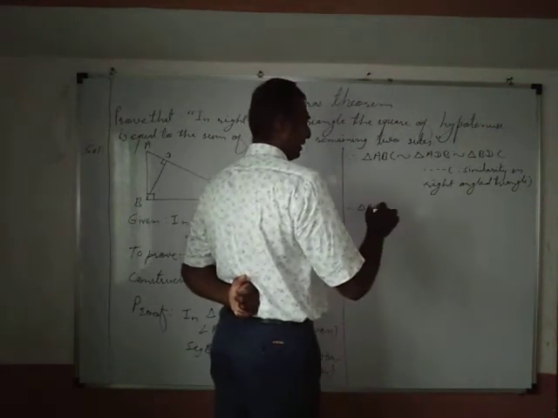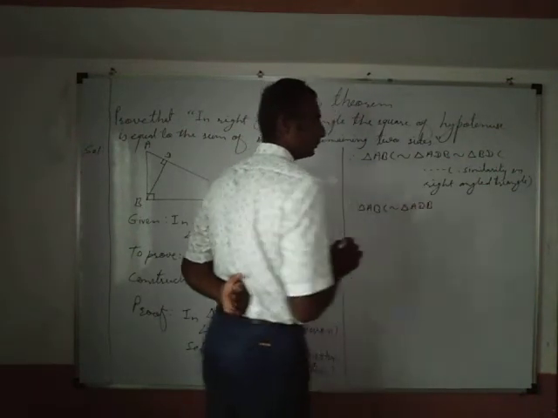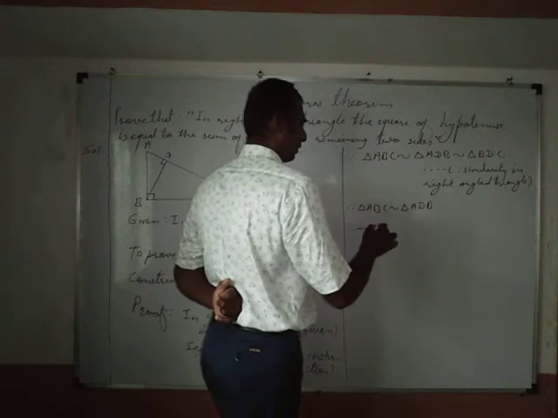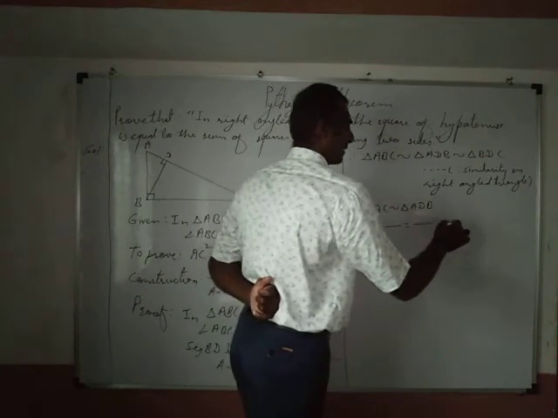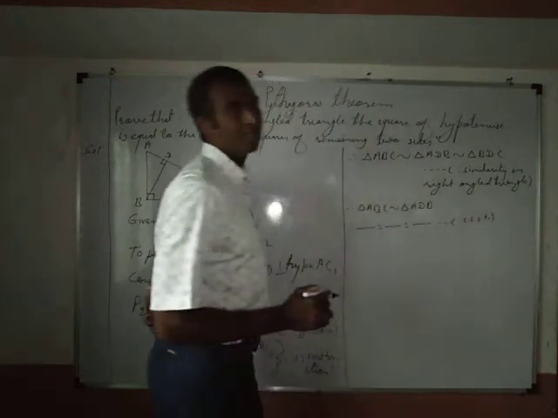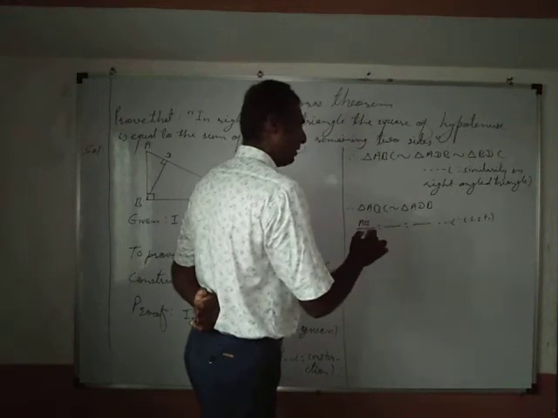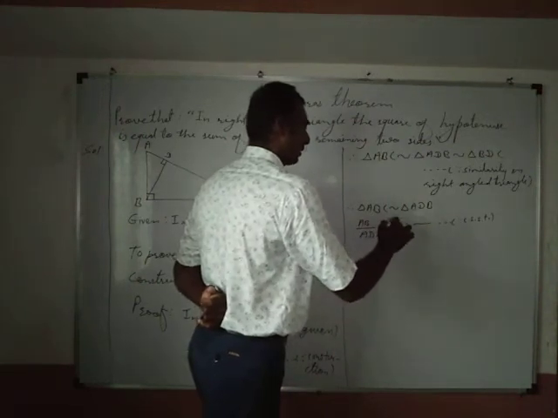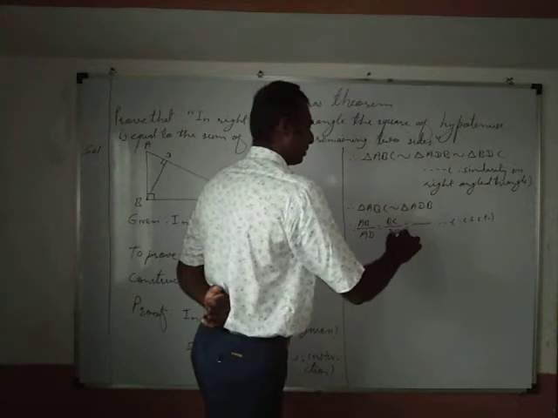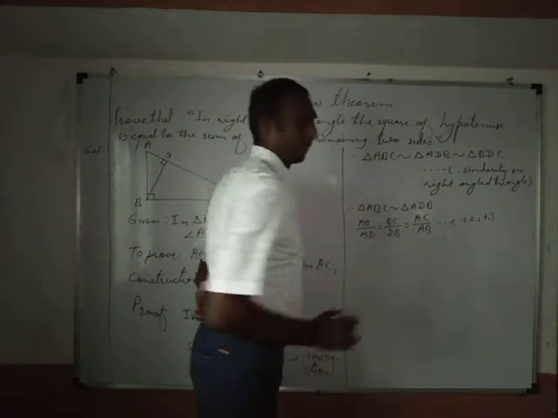Therefore, triangle ABC similar triangle ADB. Okay, and therefore let's write CSST, corresponding sides of similar triangles. Therefore AB upon AD equals BC upon DB equals AC upon AB.